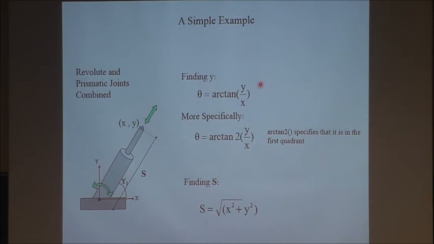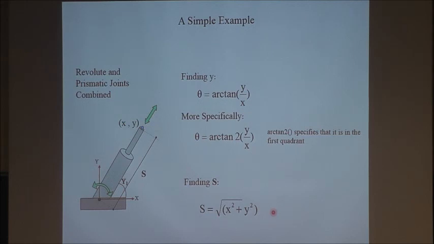More specifically, theta is arc tangent 2 of y over x, which is exactly how you do it on MATLAB. Okay. Finding s is easy because s is going to be the square root of the sum of the squares of the coordinates, x squared plus y squared. Isn't that easy? Okay, it's very easy.